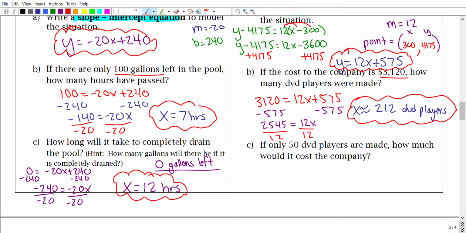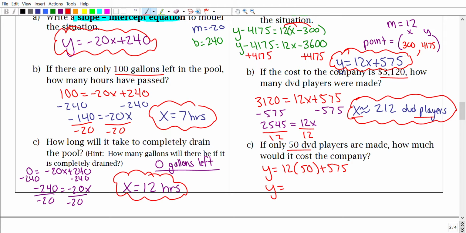The last part of this problem is: if only 50 DVD players are made, how much money would it cost the company? Let's go ahead and try that out. These 50 DVD players we know represent x, so I'm going to use y equals 12 times 50 plus 575.